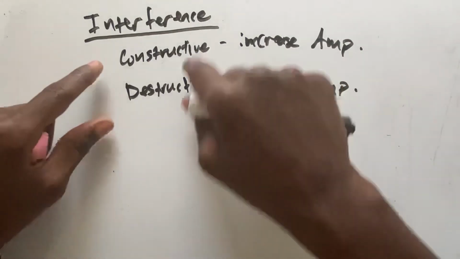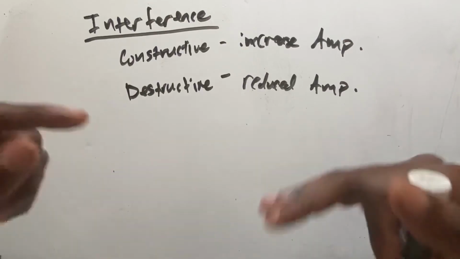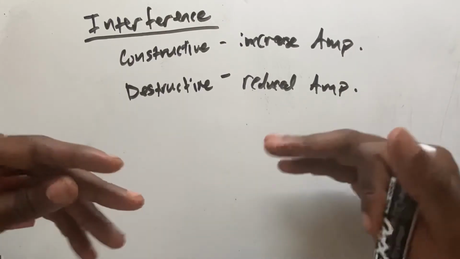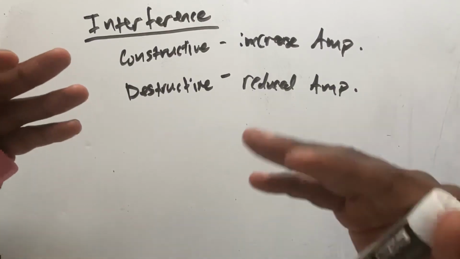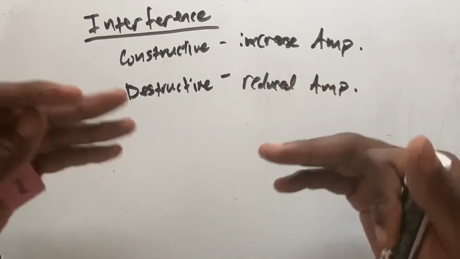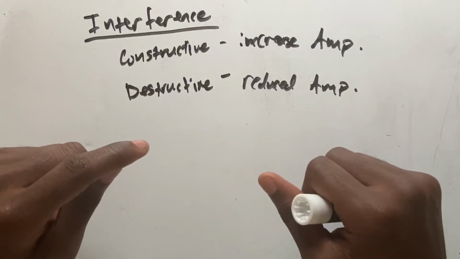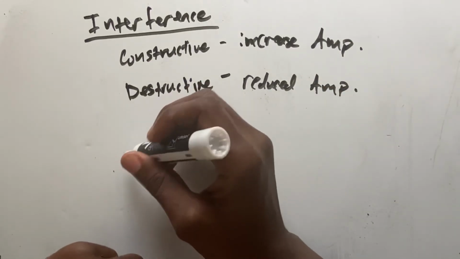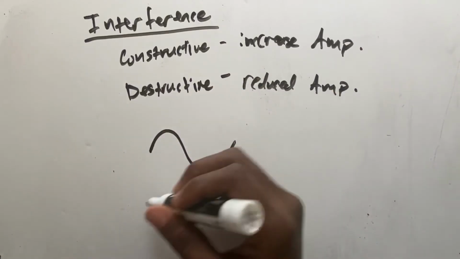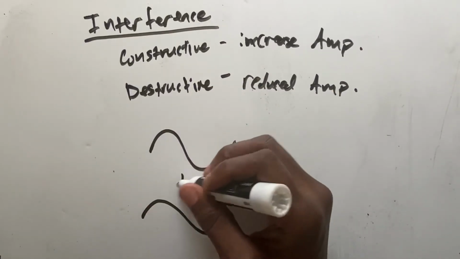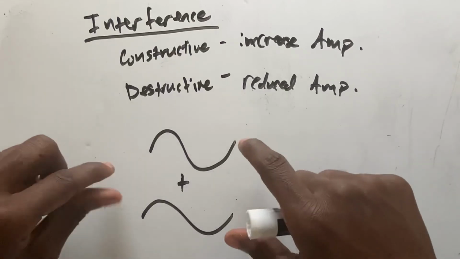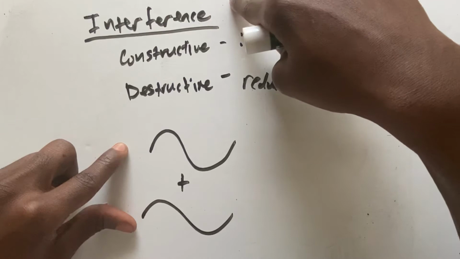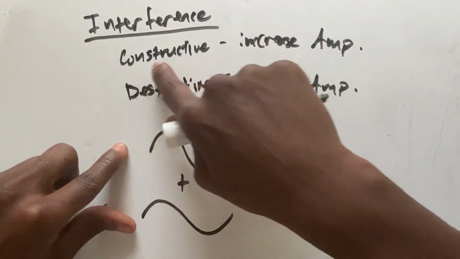You can think of this in everyday language. People may say, oh, I like your vibes, or I like your vibrations, or me and you are on the same wavelength, right? So if two objects have the same wavelength, let's say two waves like this, when they interfere with each other, they interfere constructively.